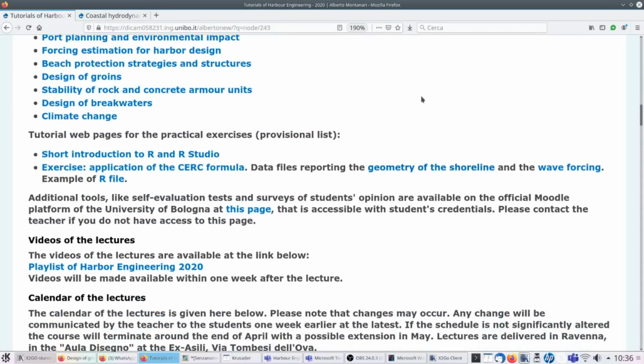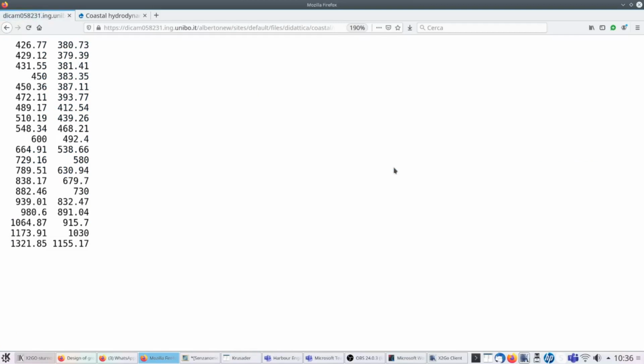We already downloaded the data, so I assume that you have available the PDF describing the exercise. I assume that you have already available the geometry of the shoreline. I just opened this data file in order to refresh our minds to see how they look. So this is the geometry of the shoreline.